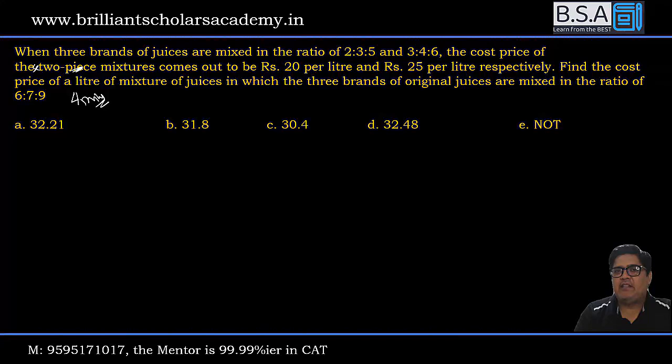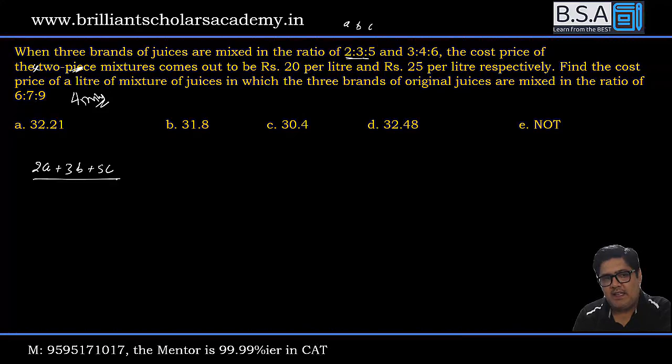I'm assuming the price of the first one to be A, second one to be B, and third one to be C. These are quantities. So see, if 2 is the quantity, A is the price, total price will be 2A, 3B, 5C divided by quantity. How much quantity is that? 2 plus 3 plus 5. That is 10. Now the average price is 20 per liter. So basically it turns into 2A plus 3B plus 5C, 200 rupees.